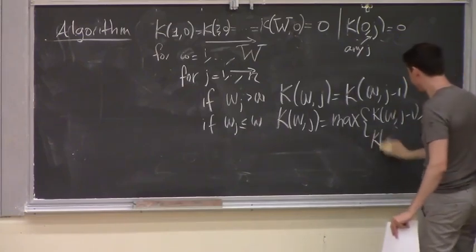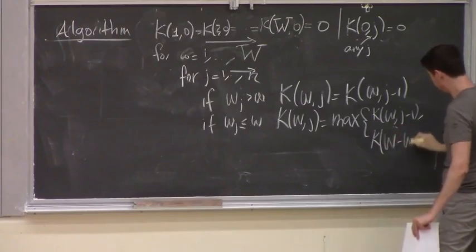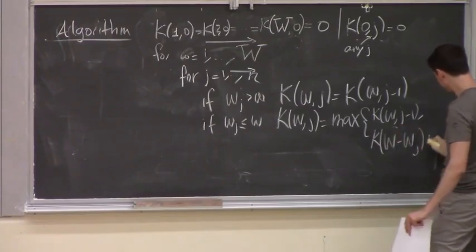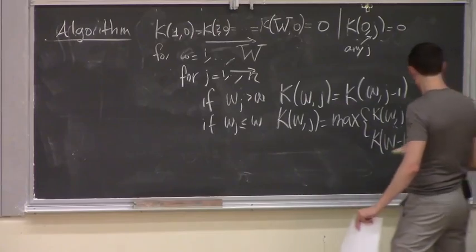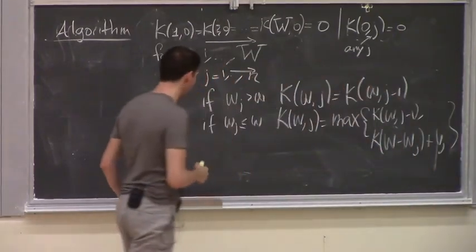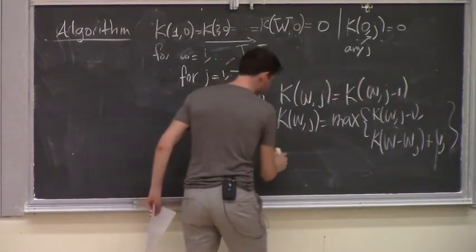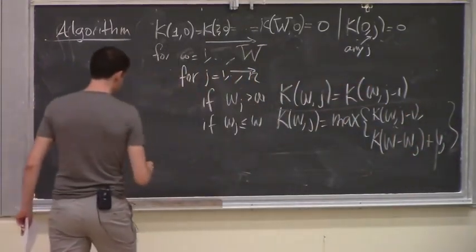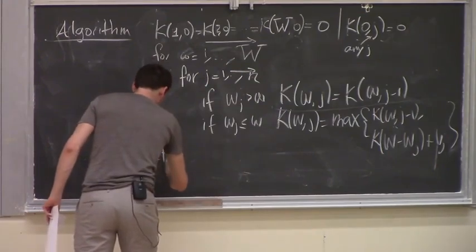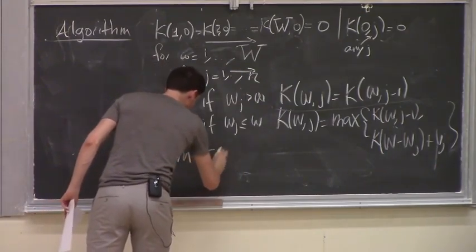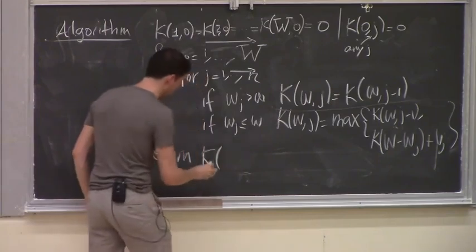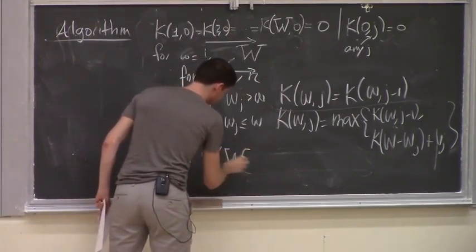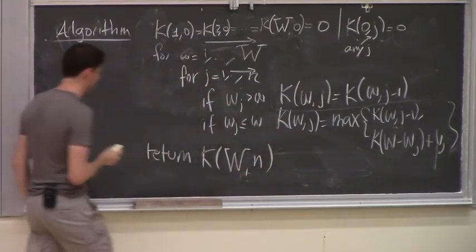And the other one is where I pick it up, and I have to pay for it in capacity, and then I get the corresponding value gain. Again, what I wrote here is the same as above. And then I return K of capital W and small n.